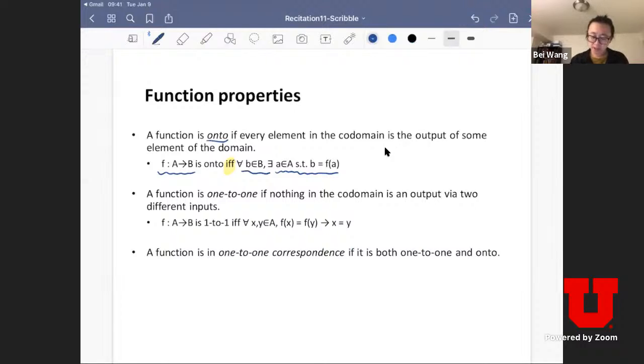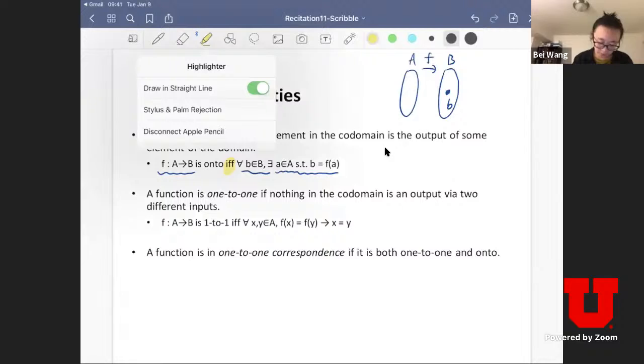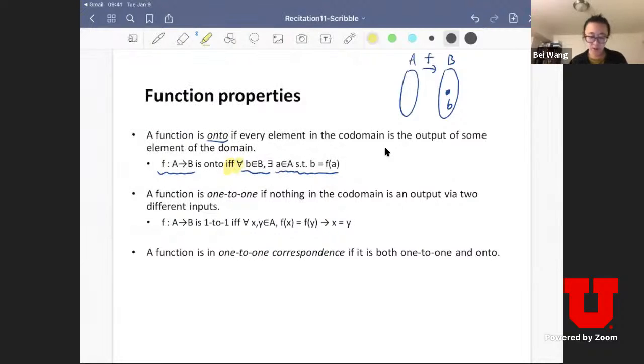If I want to have a mental picture, here is what I have: a function from domain A to codomain B. It's very important to say that for every element B in the codomain, there exists some element A in the domain that maps to it.